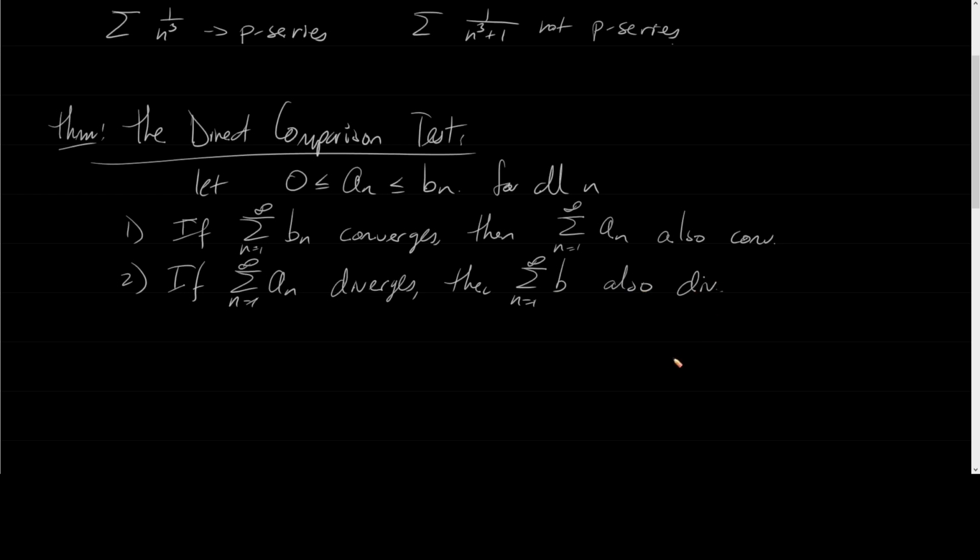Essentially, if we know that some series converges, then a smaller series would also converge. If we know that a series diverges, then a bigger series, b sub n being bigger than a sub n, would also diverge.